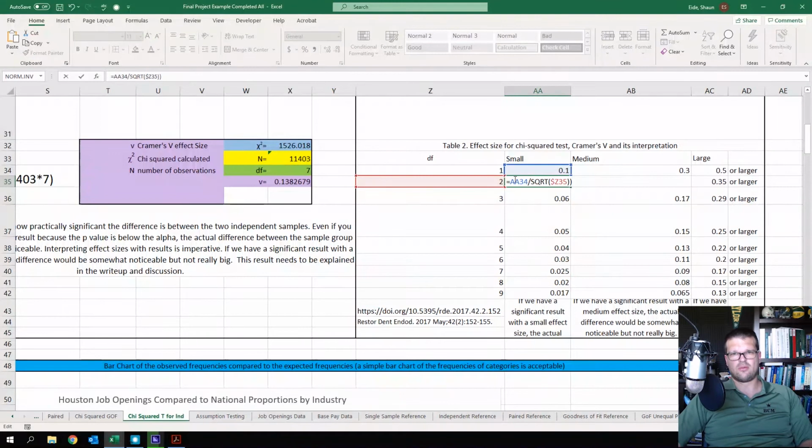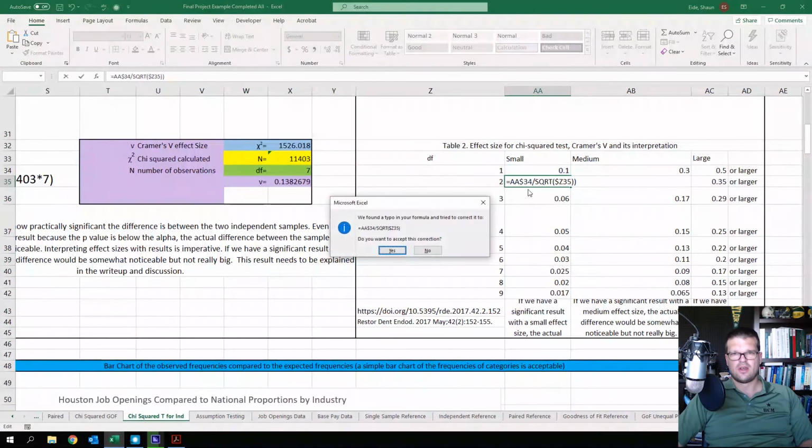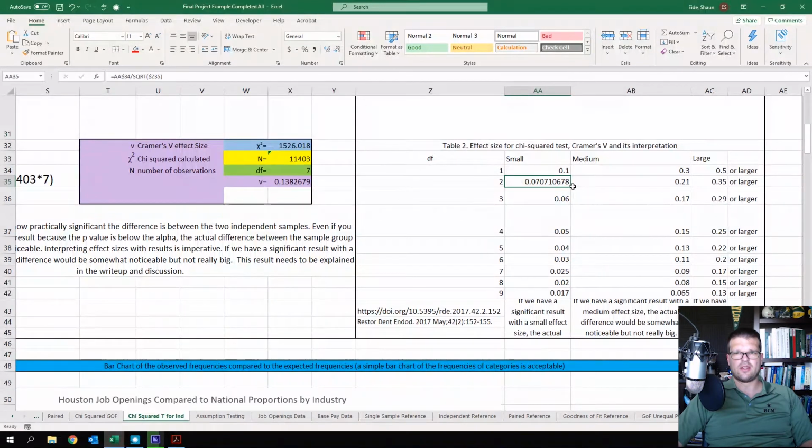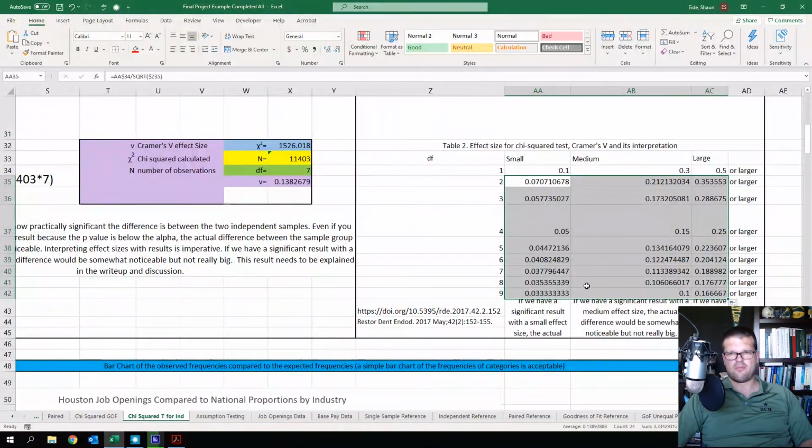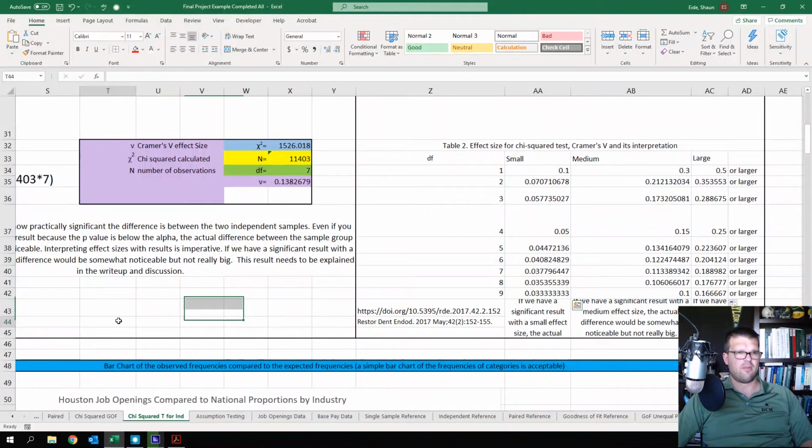Okay, and so I'm going to put 34. Okay, and then I'm going to drag this way, and then I'm going to drag it down. And you'll notice pretty much everything stayed the same as before, just with a lot more precision.